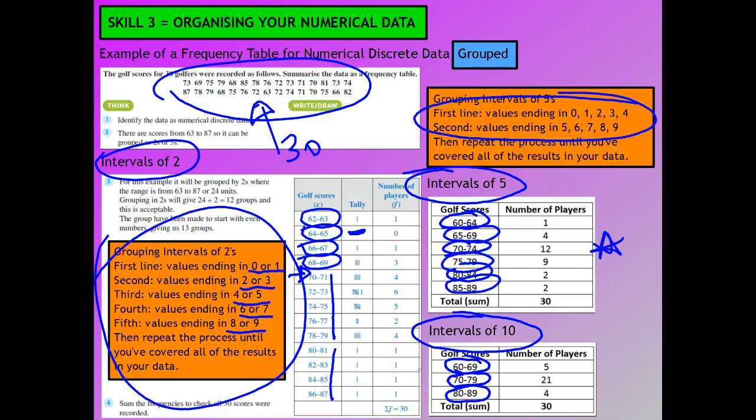So we've got those into 3 categories, which is much easier to manage again. Remember to always check that your frequency total is correct and that you've added up your scores the right way. So 30, 30, and 30 all make sense because we had 30 golf scores to start with.